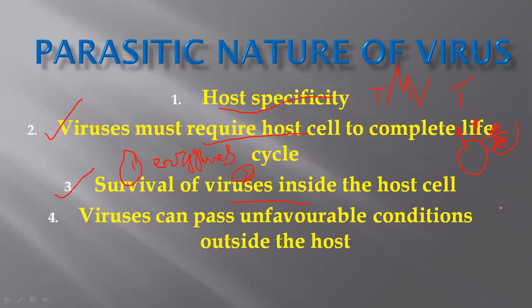The next one is inhibiting the interferon-induced antiviral response. Viruses inhibit the interferon response. Interferon is an antiviral protein released by the host cell, also called a signaling protein, that gives messages to other cells to get ready to attack the virus which is coming inside.